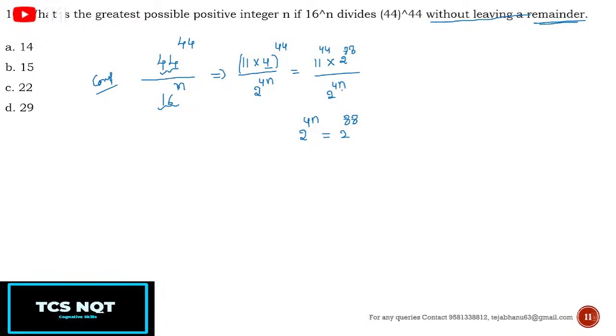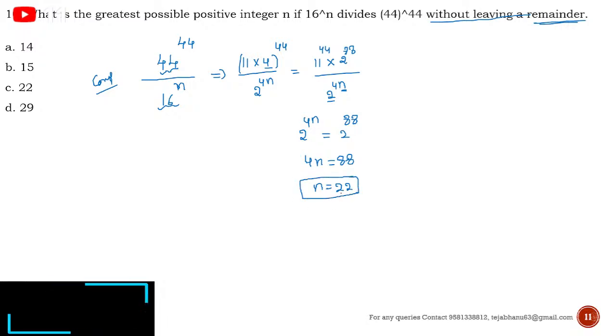We have to find out the n. As the bases are equal, the powers are equal. 4n is equal to 88. n is equal to 22. So we can take 22 is the n value.